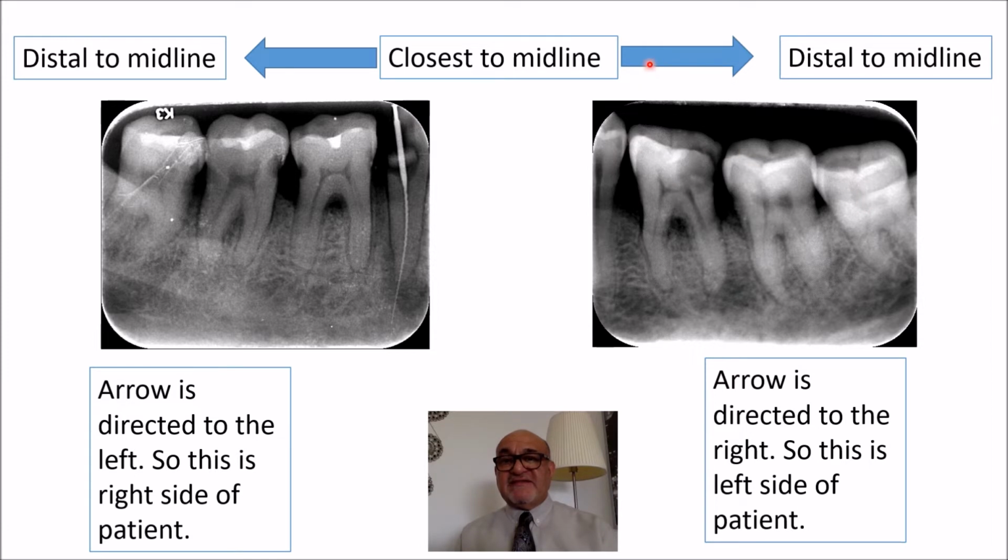The line is extended towards the right, so this is the left side of the patient. On the other hand, if you look at this radiograph, mental foramen over here, superimposed on the radiolucency of the periapical pathology over here, okay, and this is the 6, the 7, and the 8, and the line is extending towards the left side, so this is the right side of the patient.